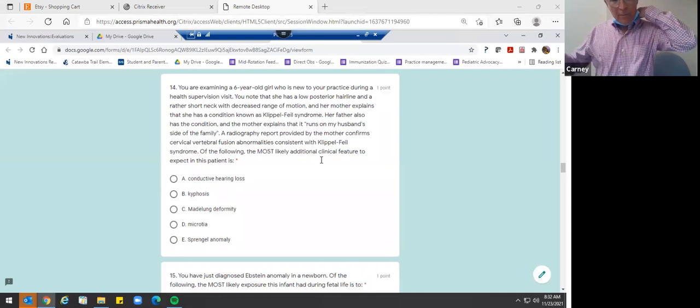The Madelung deformity is a wrist, an ulnar wrist kind of problem. That has nothing to do with microtia. What's microtia? Microtia is the ear. What is the syndrome? If I'm giving you microtia, what are you giving me back? Without question, I've been over this with y'all not too long ago, and I said, this is one you have to know.